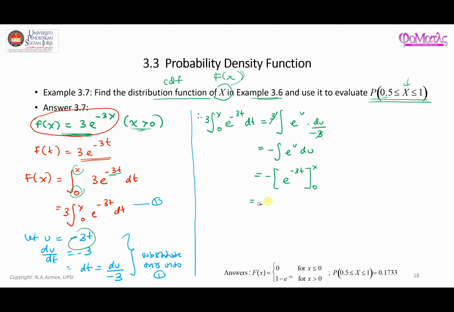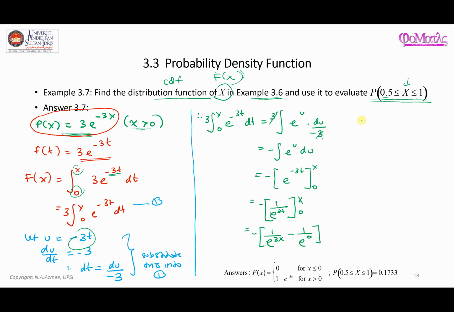Then I'm going to express this in terms of positive exponents. So I'm going to have e^(3t) evaluated from x to 0, and we substitute the values into t. So we have negative 1 over e^(3x) minus 1 over e to the power of 0.